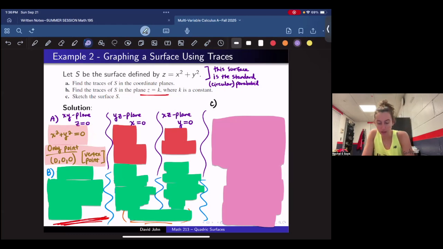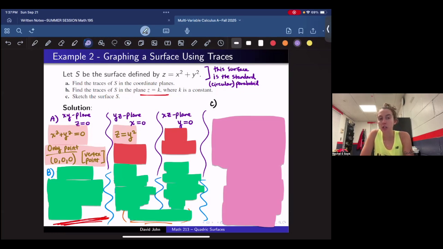And this happens to be our vertex point. Okay, now let's look at our YZ plane. We're setting x equal to 0 now. And so we have z equals y squared. From here, if we set z equal to 0, then we get y squared equals 0, and once again the square root of 0 is 0. But if we set y equal to 0, we get z equals 0 squared.